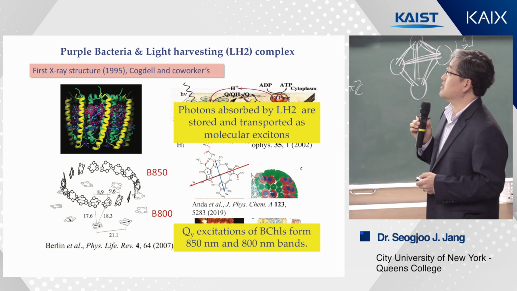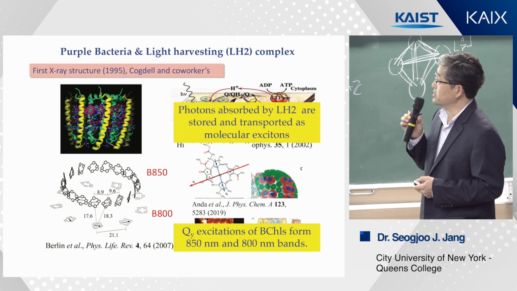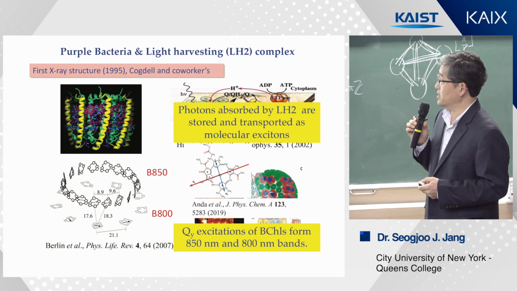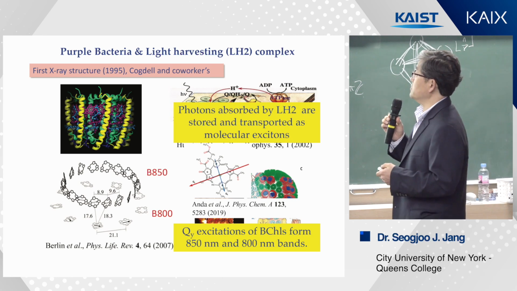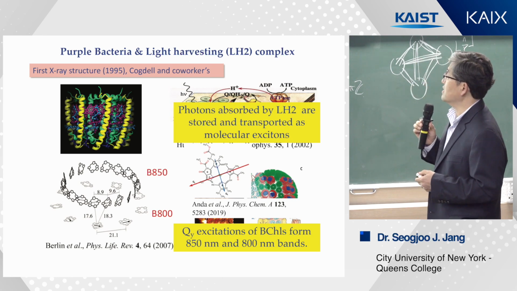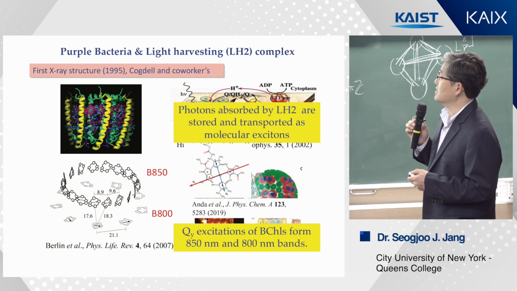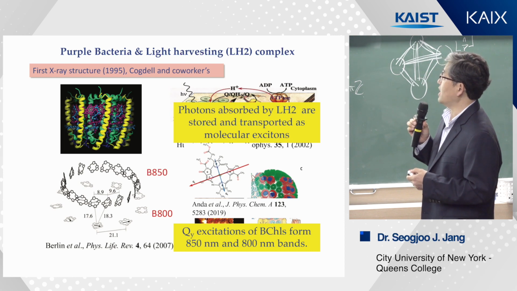The structure of the light-absorbing complex of purple bacteria was determined in 1995 by Kogdal and co-workers, and this is an image of LH2. In the bigger scheme of photosynthesis in purple bacteria, LH2 collects photons and creates electronic excitation energies in the form of molecular excitons.